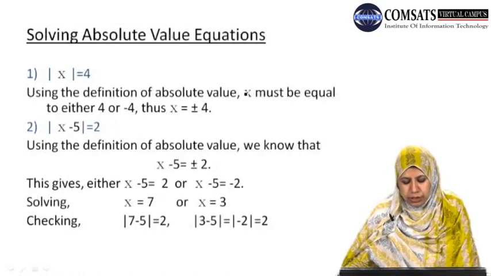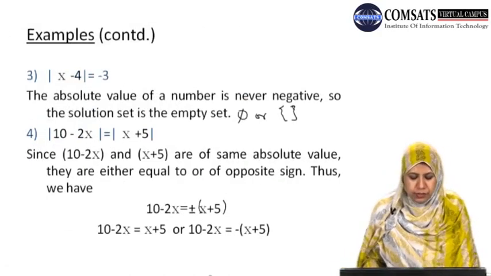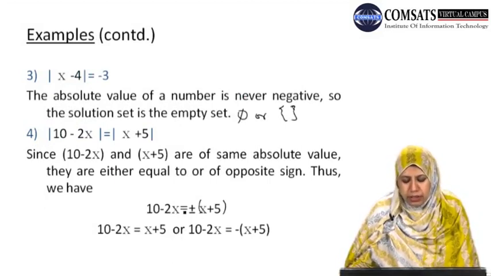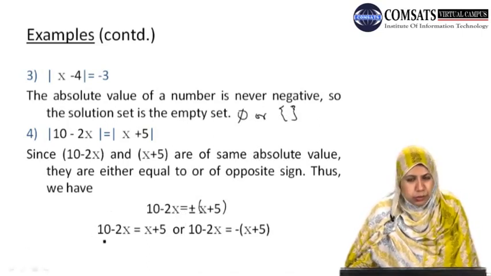Okay, so we have two equations. First one is 10 minus 2x is equal to x plus 5, and second one is 10 minus 2x is equal to minus times x plus 5. So we will use the techniques of lecture 1 to solve these two equations.